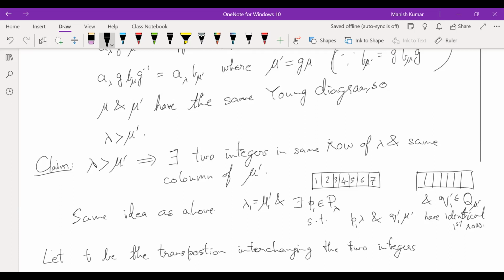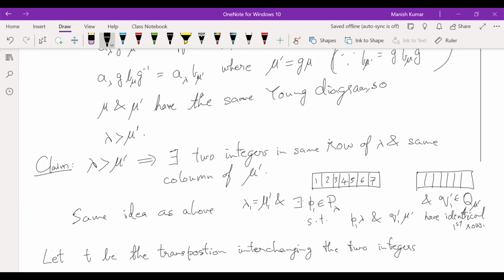So we haven't rearranged the rows. We have changed the entries in a particular row by multiplying by P1 lambda. Yeah. So if you started with the property that no two integers are in the same row of lambda and same column of mu prime, that's preserved by these two as well.